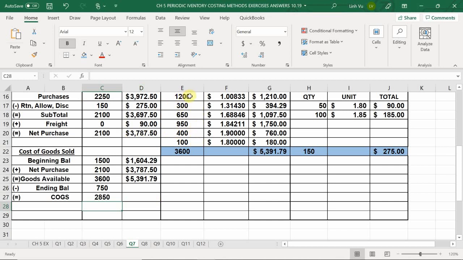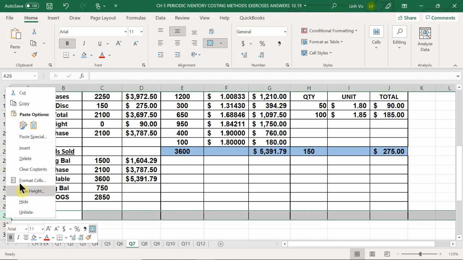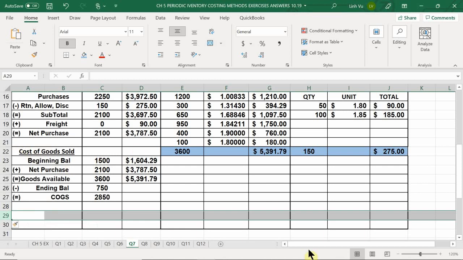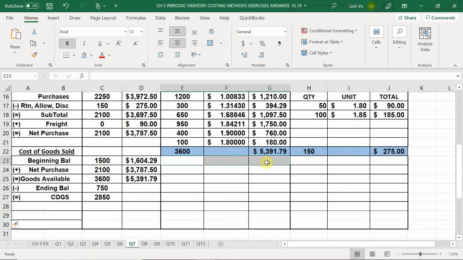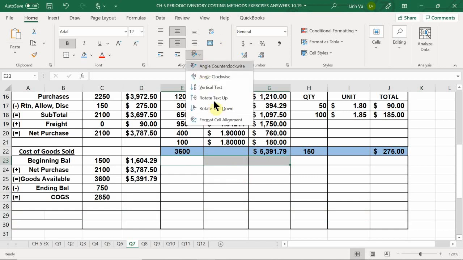So here, looking at my goods available, I have 2, 4, 6, what do you call it? 6 batches of inventory that I have purchased. Okay. And I think I need one more. Right. So in this case, I'm going to make this section here my cost of goods sold.